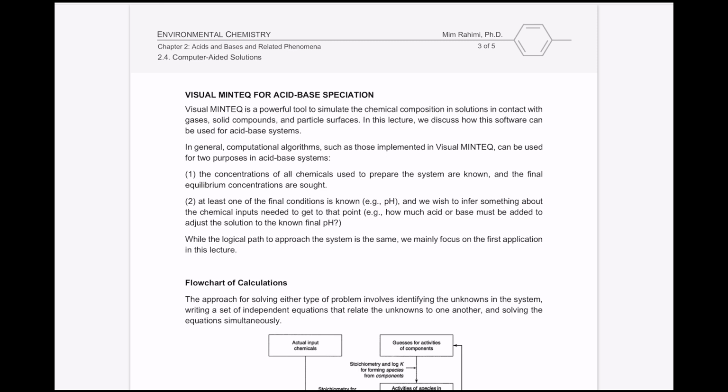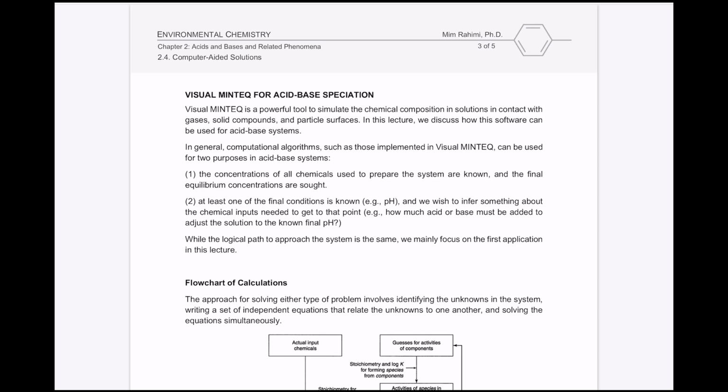And the second goal would be, we know one of the final conditions. For example, we know the final pH of a solution. Then the question is how much of that particular weak acid, with, for example, a known pKa, we need to add to the solution in order to get to that pH.